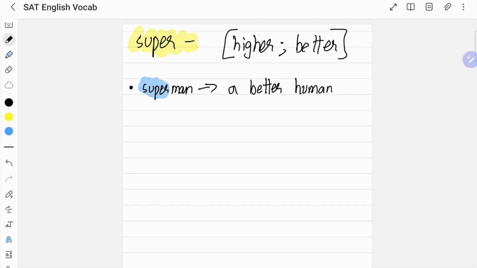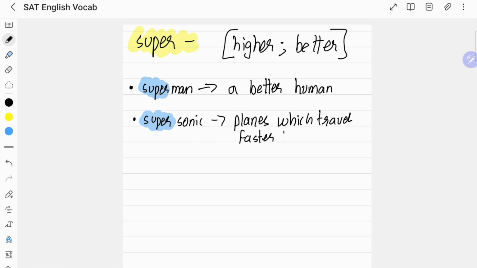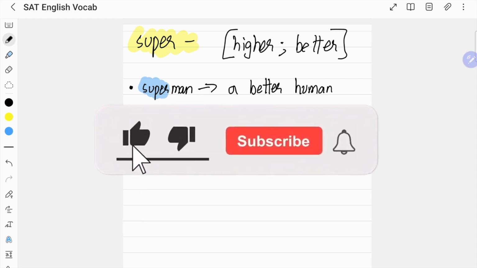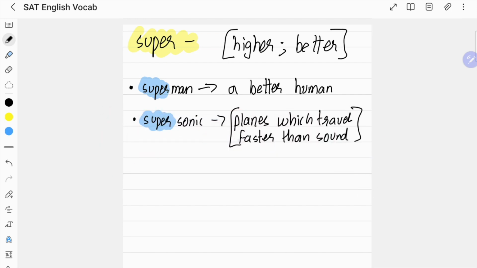We can use supersonic. Not the character, the word. Supersonic, which normally means supersonic planes which travel faster than sound. So they are faster or better. So this is an example in context.